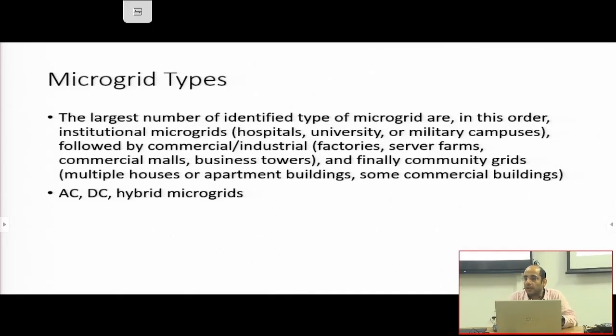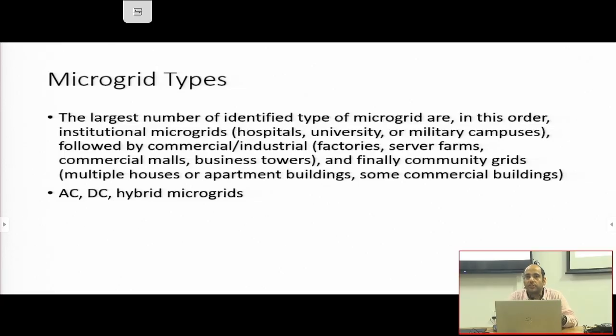All right. Technically, the classification can be either AC, DC, or hybrid microgrid. So most of the energy transmission that we have is in the form of AC. But now we are talking a lot about DC as well. So DC microgrids have their own benefits compared to the AC microgrid. Why?